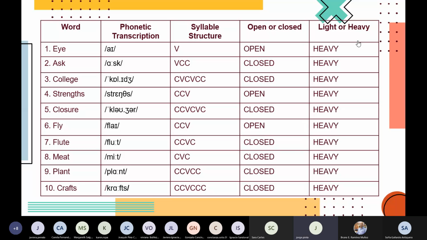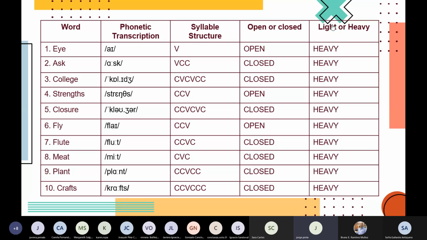So in a nutshell, for a nucleus to be a nucleus, it needs a vowel sound, which can be a monophthong or diphthong. If you are in the presence of a triphthong, you have to divide this into two syllables, basically: one with the diphthong and another with the schwa at the end, right? Thank you.